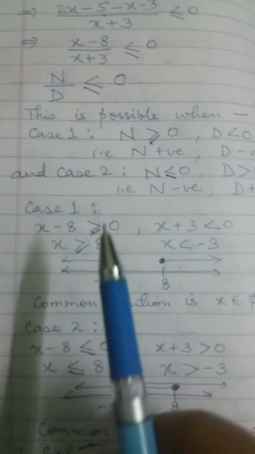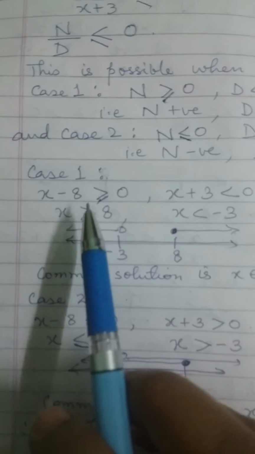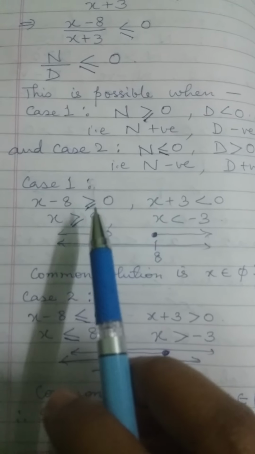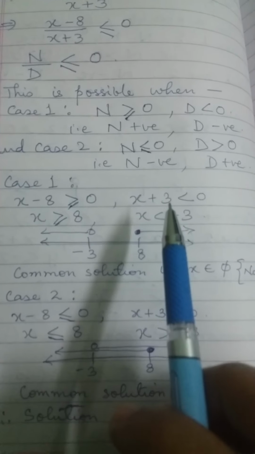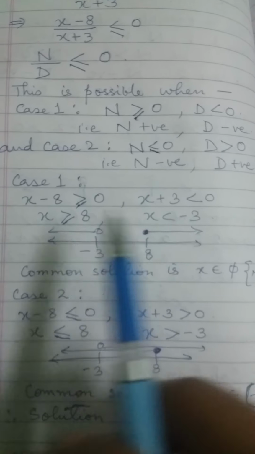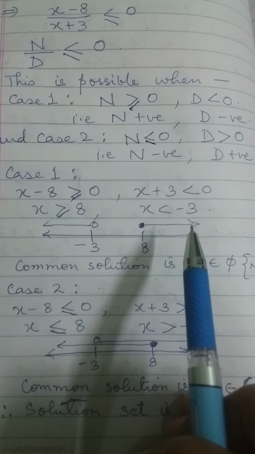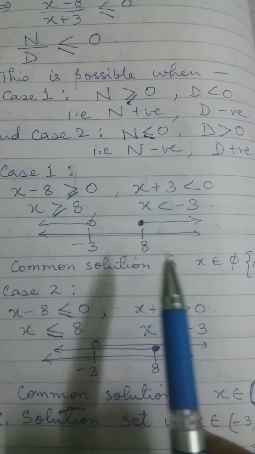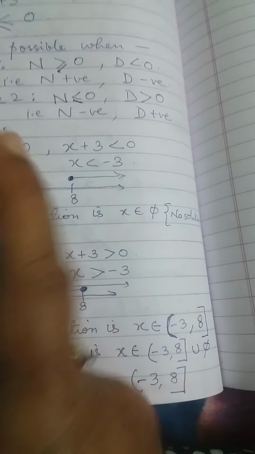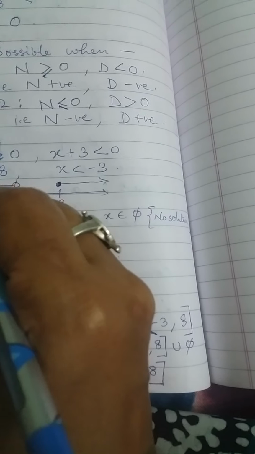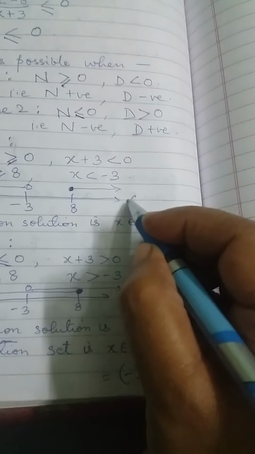Now how will we solve? To see case 1. Case 1 is that numerator is greater than equal to 0 and denominator is less than 0. Means x is greater than equal to 8 and x is less than minus 3. When we locate it on the number line, we are having here minus infinity and here it is infinity.